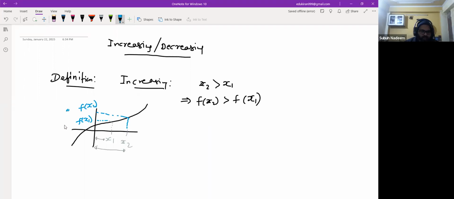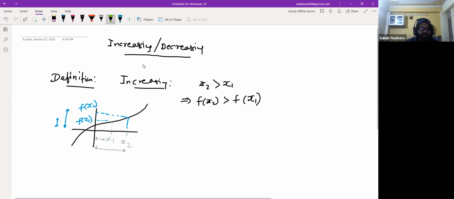Clearly, f of x2 is greater than f of x1 because it is above f of x1. So if x2 is greater than x1, then f of x2 is greater than f of x1. This is what increasing means. That is, f of x2 is above f of x1.